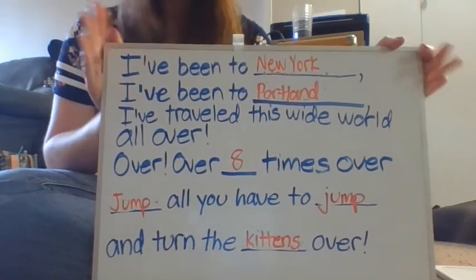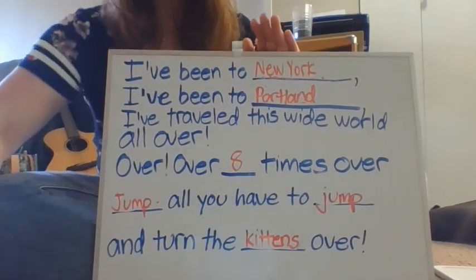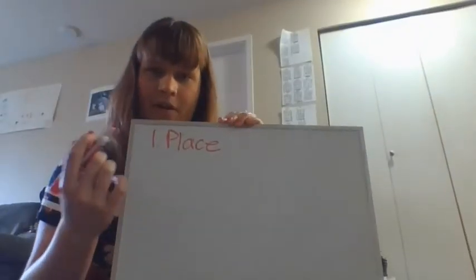So, like I said, that's the example I've come up with, but everybody has a different one that they can do. So, the format for this, erase all this first. So here are the words that you're going to need for this little Mad-Lib. You're first going to need a place. Now this doesn't have to be a city or a country. It could be, I don't know, it could be Target for all I care.